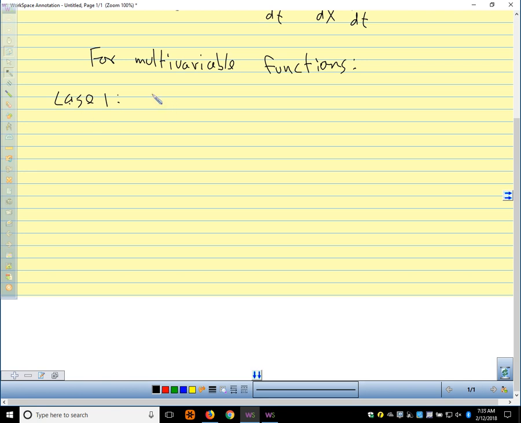So case 1, we're going to have z equals f of x, y, and x is some function of t, and y is some other function of t. So z is indirectly a function of t. And we're assuming that z, g, and h are differentiable.